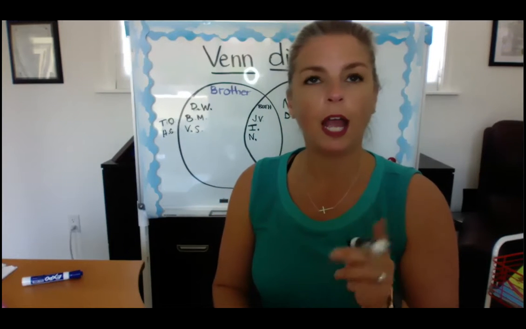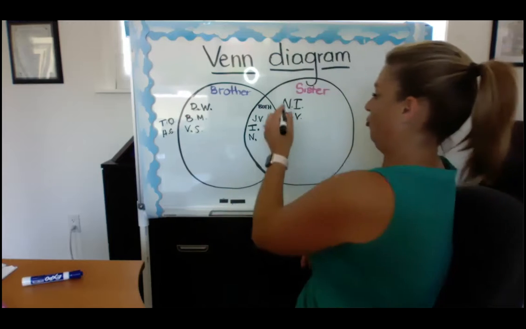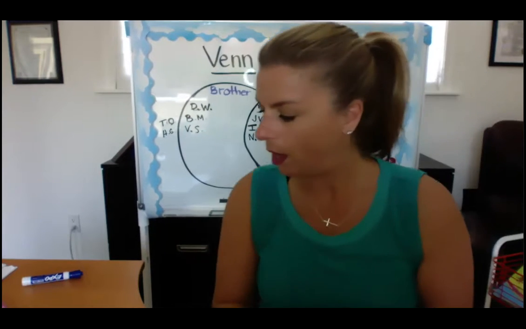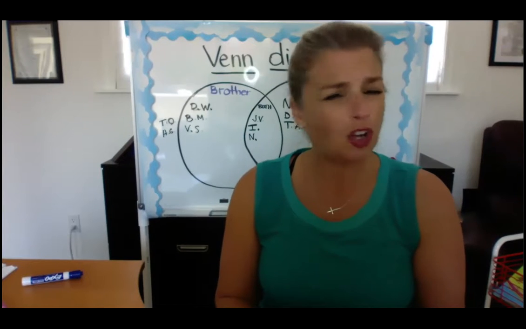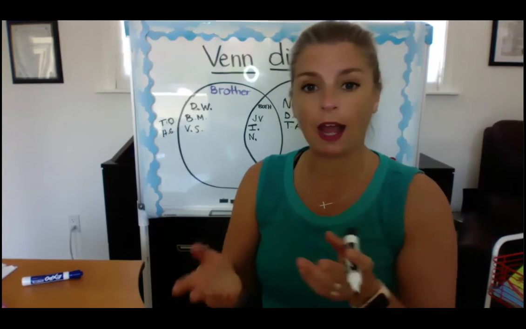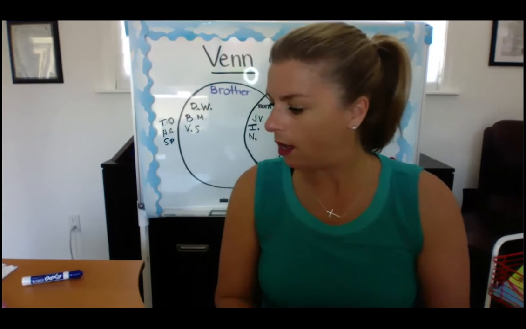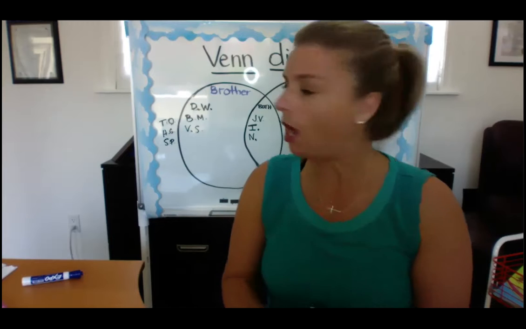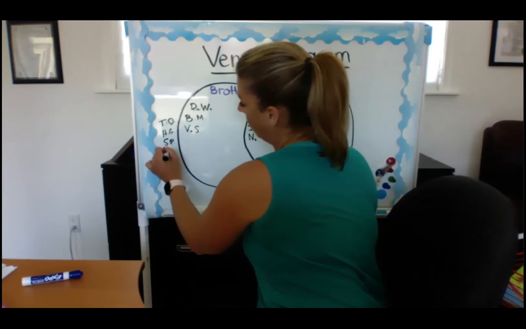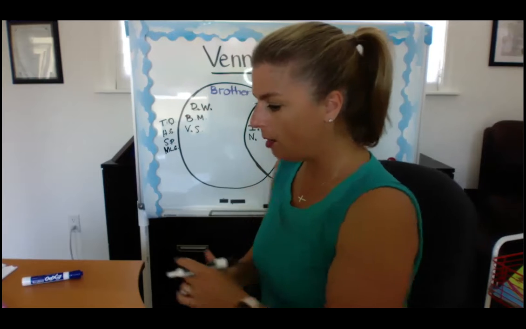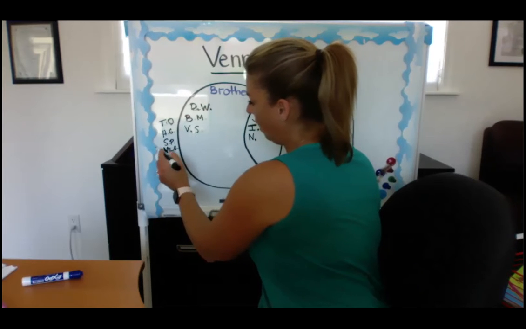Trey has sisters. So Trey, okay. Solly, I don't believe that Solly has a brother or sister, so we're going to put him right here. Mia, I don't believe she has a brother or sister. April, I don't believe she has a brother or a sister.